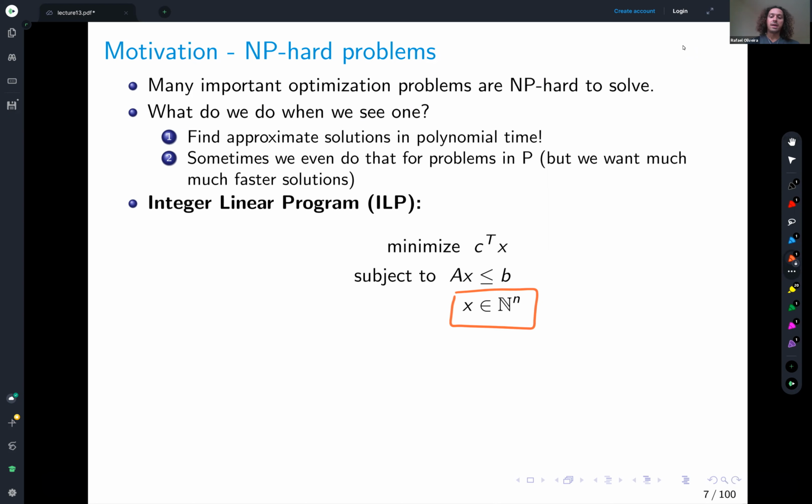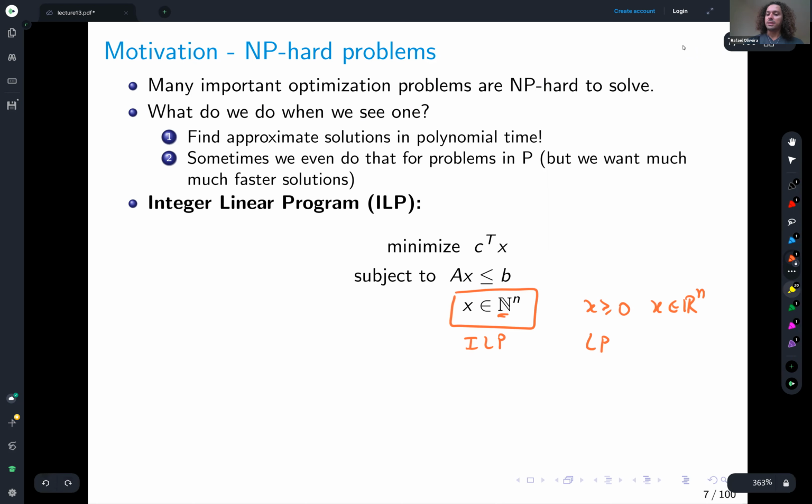If we only had linear programming, we would have x in R^n. But in the integer linear program, we have that x is greater or equal to 0 and integral, like the natural numbers. Does that make sense? So these are the integer linear programs.